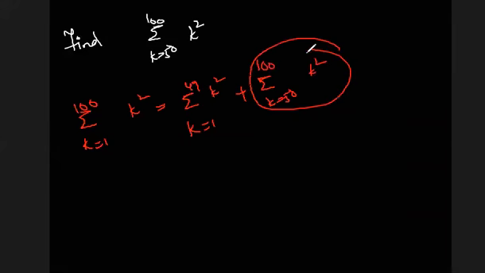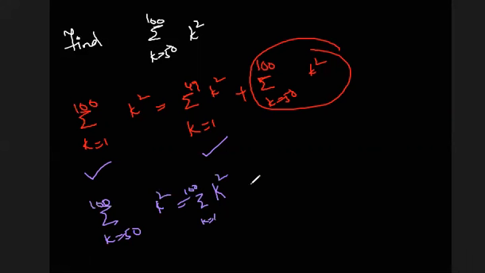Now we have to find this, but it is difficult. So what we can do is find both of them, subtract them from each other, and we will get the result. So for this, k is equal to 50 to 100 can be written as k is equal to 1 to 100 k square minus k is equal to 1 to 49 k square.